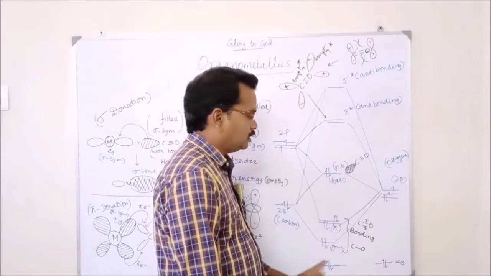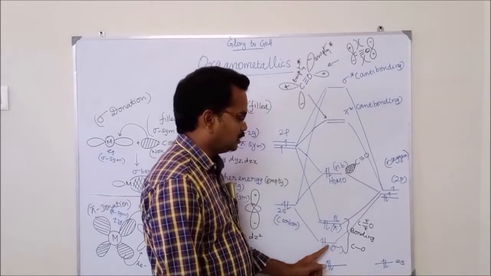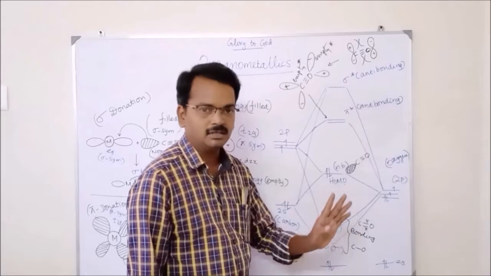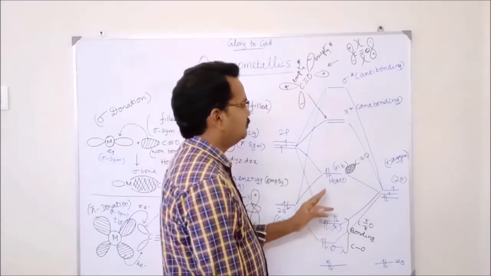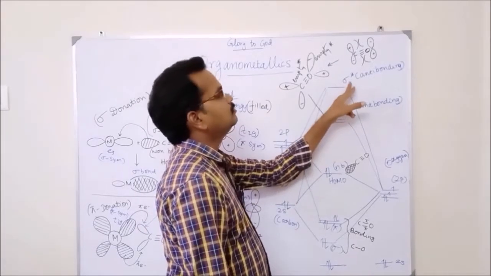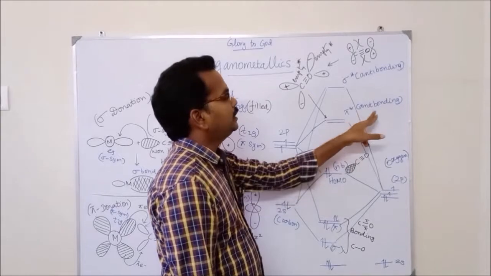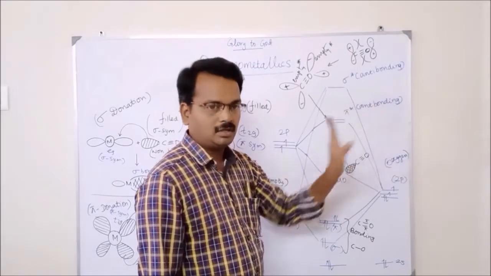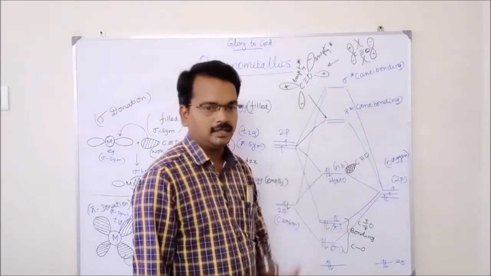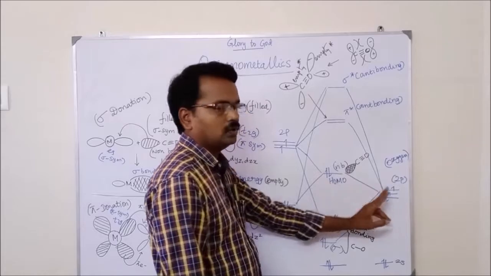Among the 3 bonding orbitals, we receive 1 sigma bonding orbital and 2 pi bonding orbitals. After that we get one sigma anti-bonding empty orbital and 2 more anti-bonding pi star empty orbitals, and 1 more non-bonding orbital. This non-bonding orbital is called the HOMO.